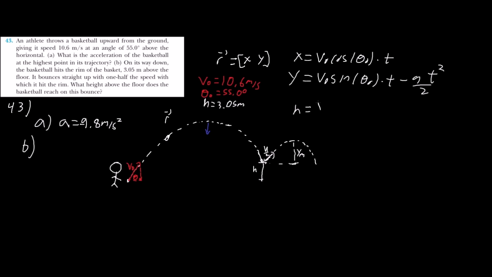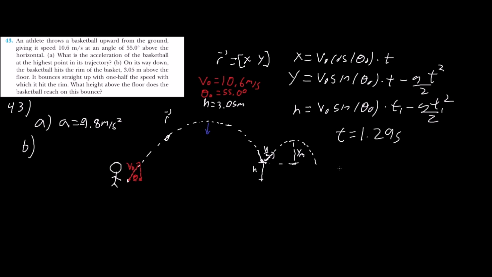For y to be h, you set up v naught sine of theta naught times t minus gt squared over 2, and once you find that time, you use the quadratic formula. You would say that t is going to be about 1.29 seconds.